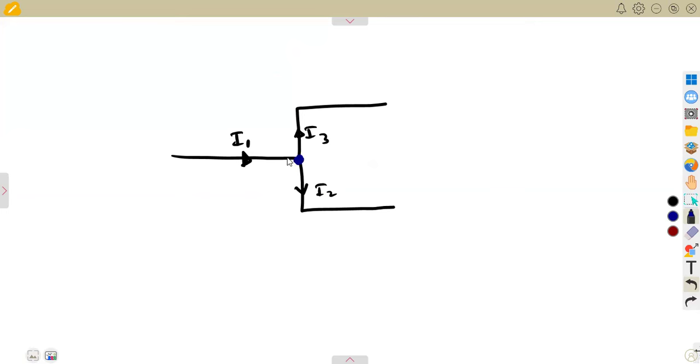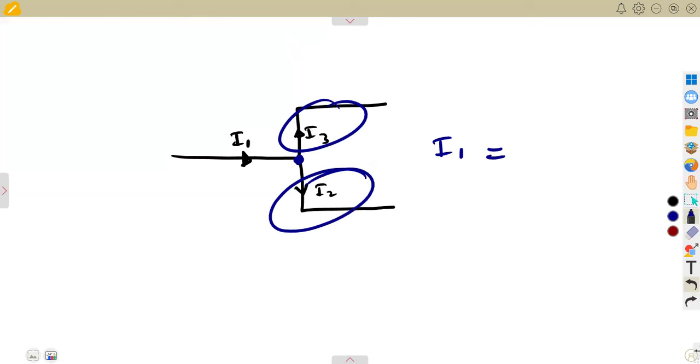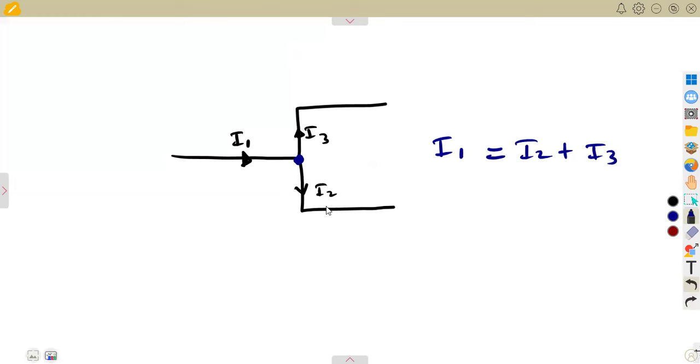They meet at this point. So current 1 is entering. Current 2 is leaving. Current 3 is leaving according to the arrow that you are given there. It is going away. So it means the current entering, which is current 1, is supposed to be equal to the sum of these ones which are leaving the junction, which is current 2 plus current 3.